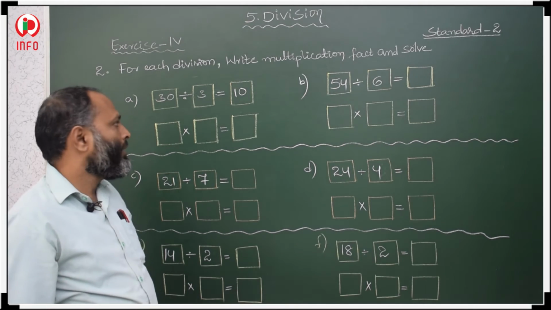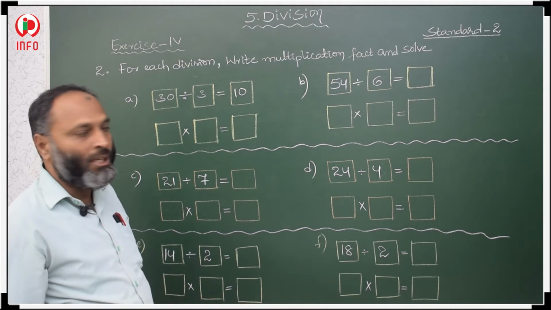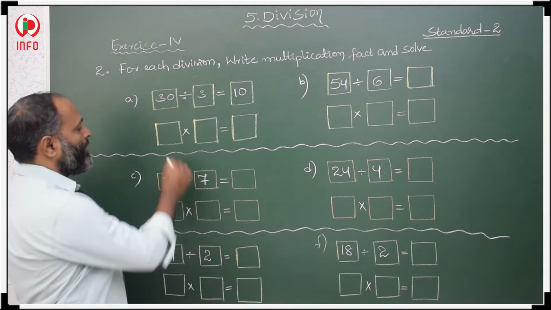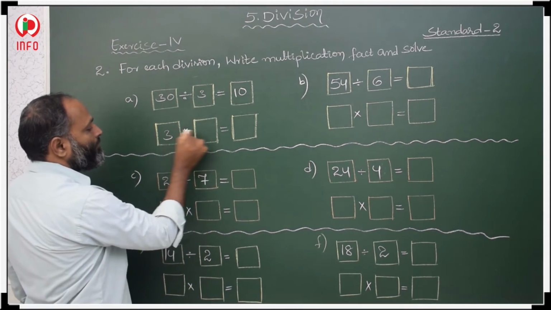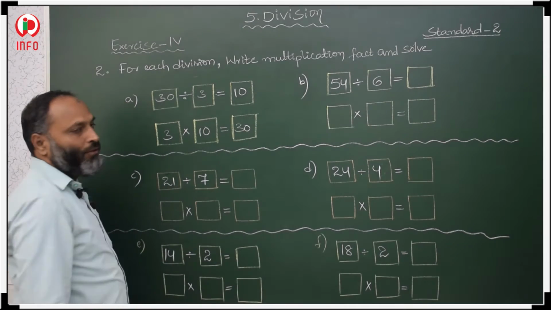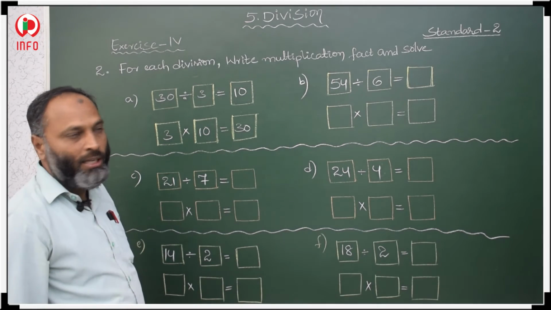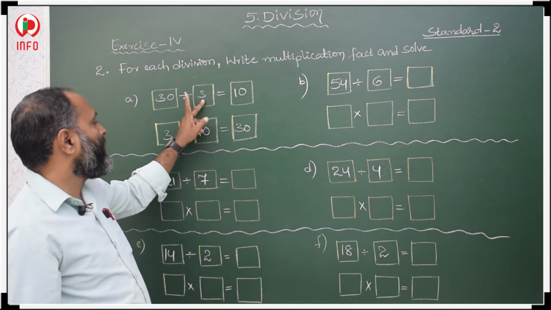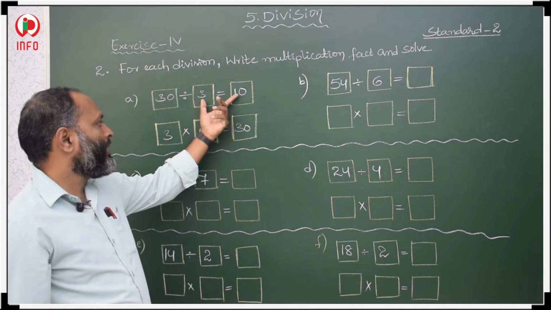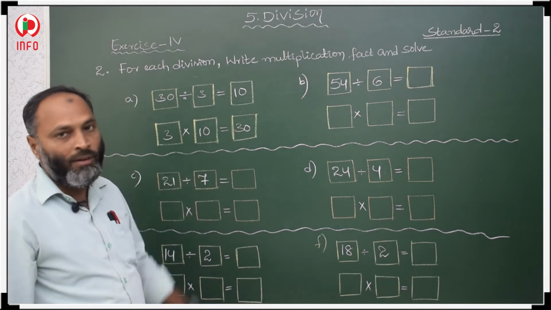Now, how to write this as a multiplication fact? 3 tens are 30. In this format we have to write. It is very simple. In the 3 table, when you get 30, 3 tens are 30, that we have to write.